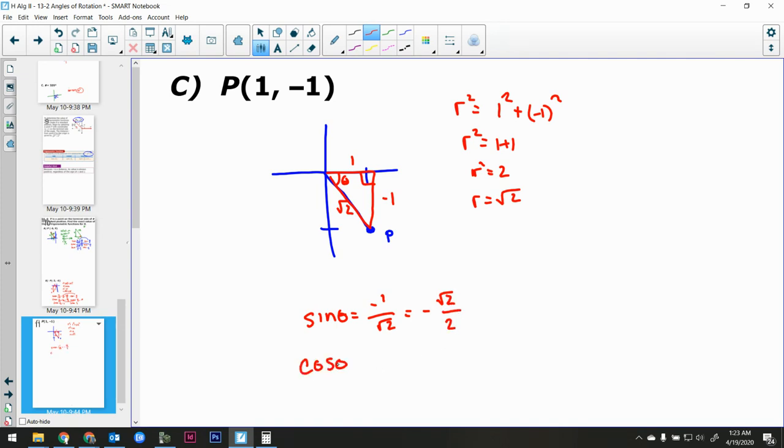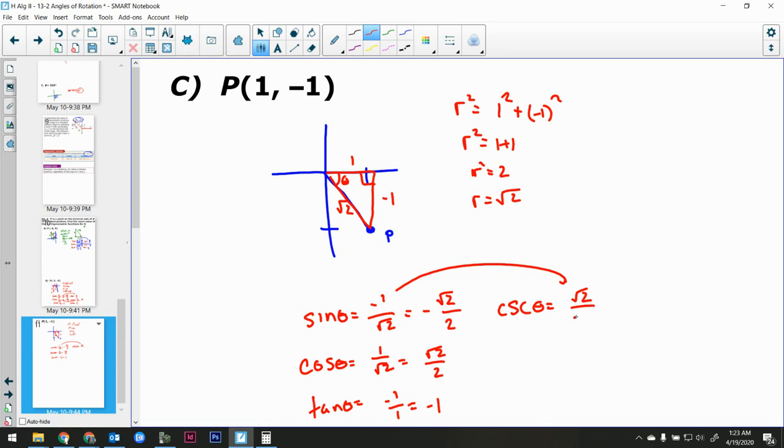Cosine theta, adjacent, 1 over radical 2. Same thing, just radical 2 over 2 in this case. And then tangent theta is equal to opposite over adjacent, or negative 1. Cosecant theta is equal to the reciprocal here.